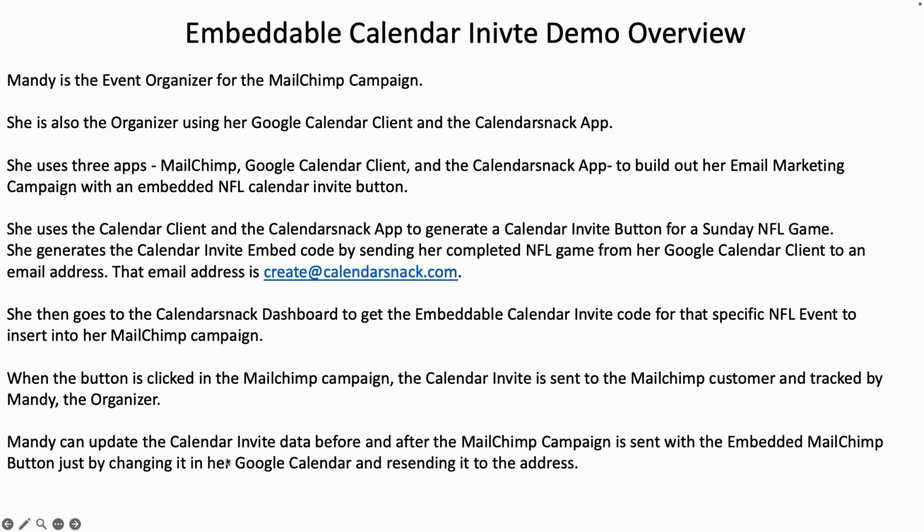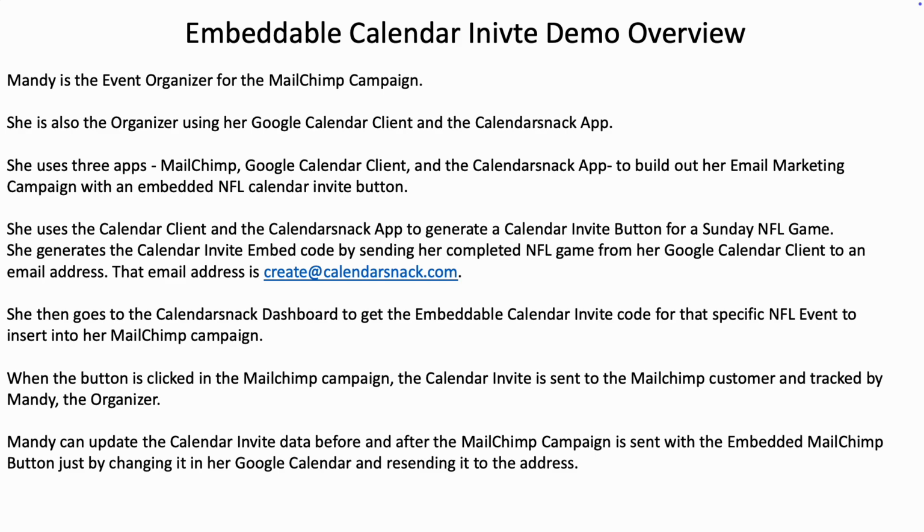Mandy can update the calendar invite data before and after the MailChimp campaign is sent with the embedded MailChimp button just by changing the data in her Google Calendar client and resending it to the create@calendarsnack.com email address, and it reprocesses the data for the update and sends it out to anybody that has the calendar invite already on their calendar in a yes or maybe status.